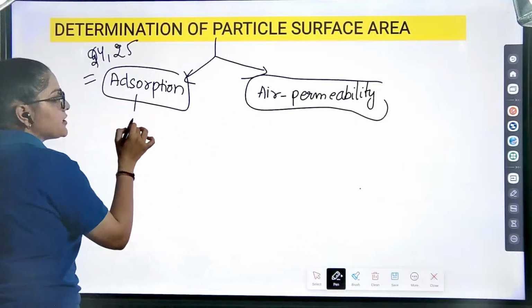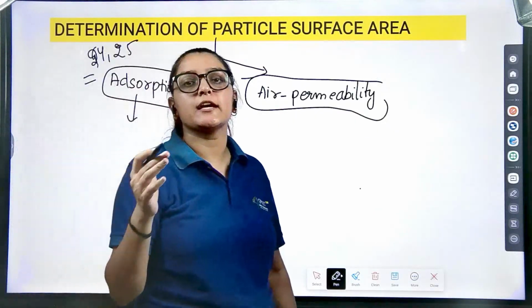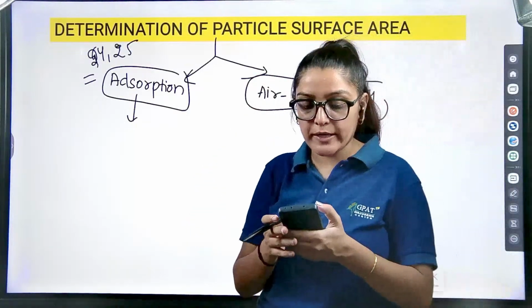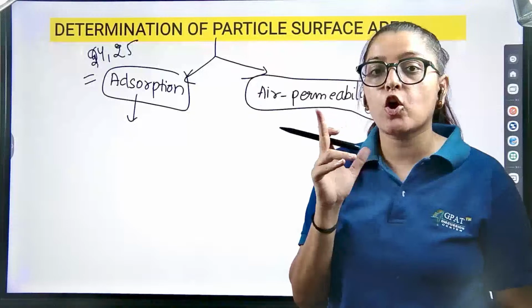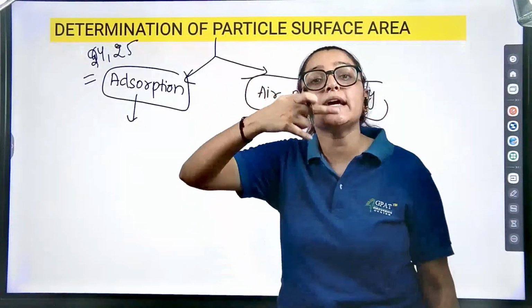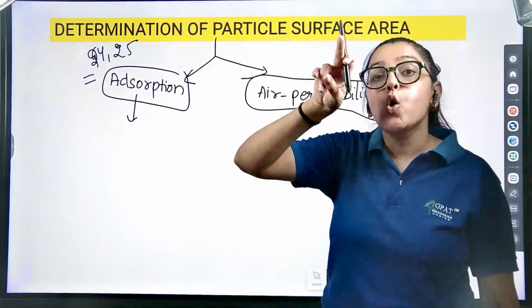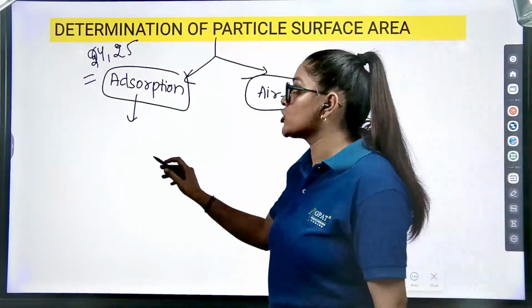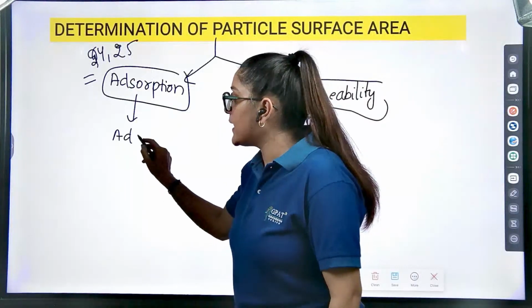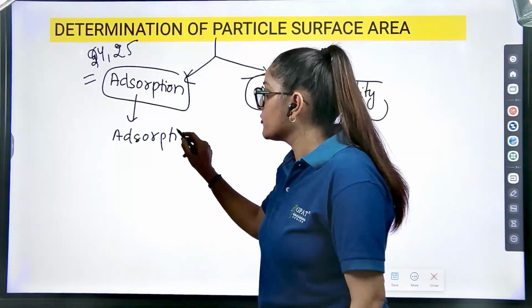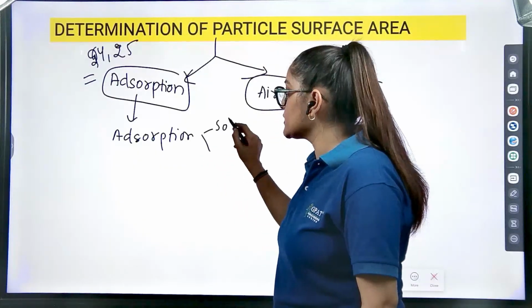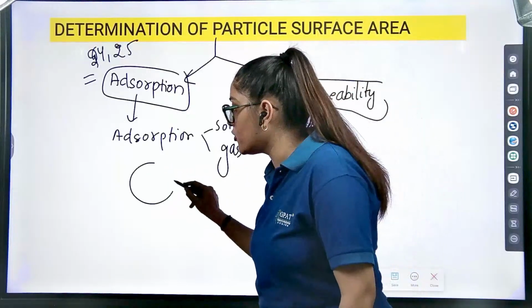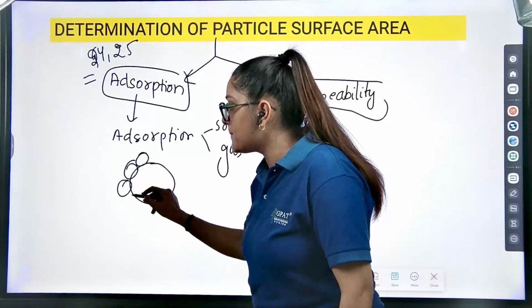Number one is the adsorption method. Second one is the air permeability method. Adsorption method means something is going to adsorb, not absorb. Adsorb, where? Over the surface of the particle, whose surface area you are going to determine. So, the adsorption method includes adsorption of either solute or gas over the surface of the particle.